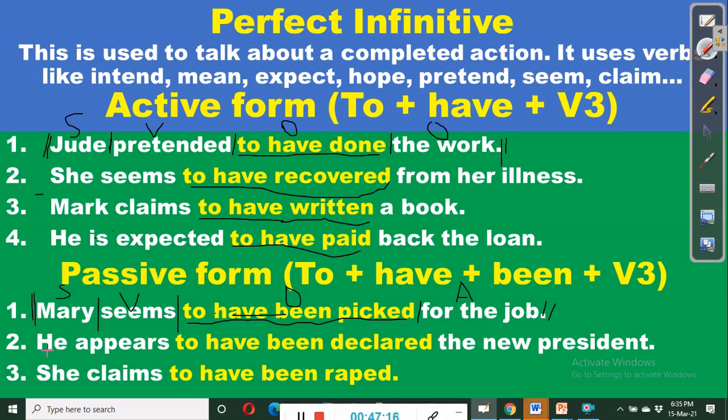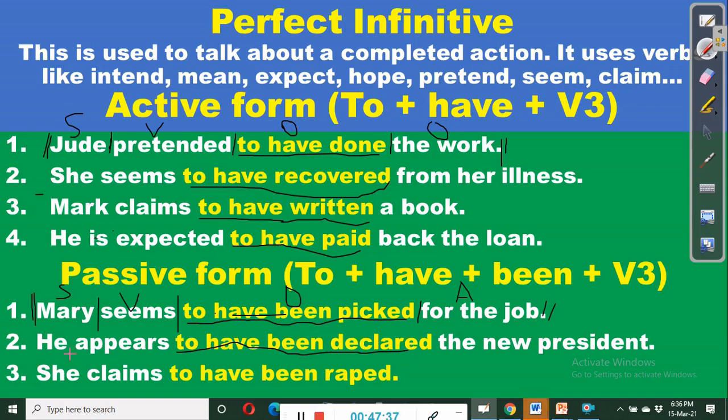Example number 2, he appears to have been declared the new president. Now, the passive perfect infinitive here is to have been declared, to have been declared.